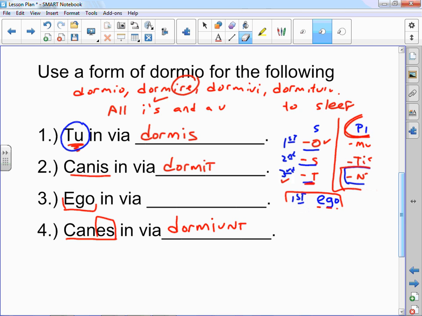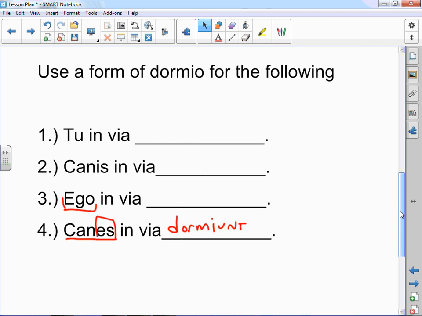Remember, with our first conjugation, we have the ARE. We take off the ARE. First conjugation uses the letter A, and then we add our personal ending. Second conjugation, same thing. I get docere, take off my ERE. Second conjugation uses the letter E, then I add my T. The third and the fourth are the ones that are kind of tricky.